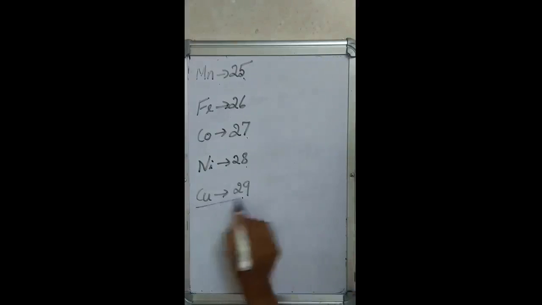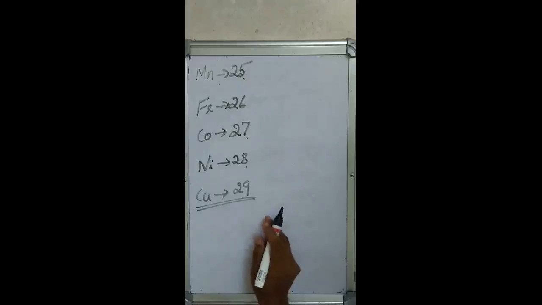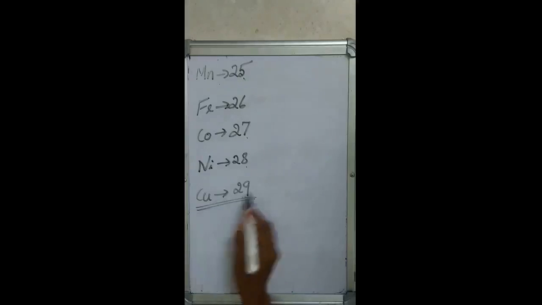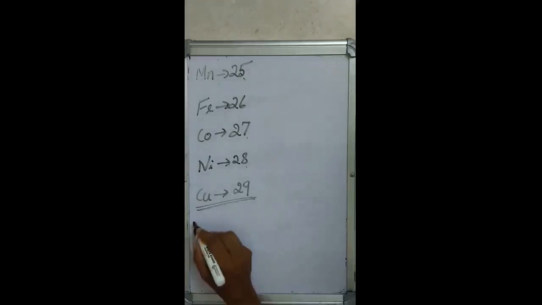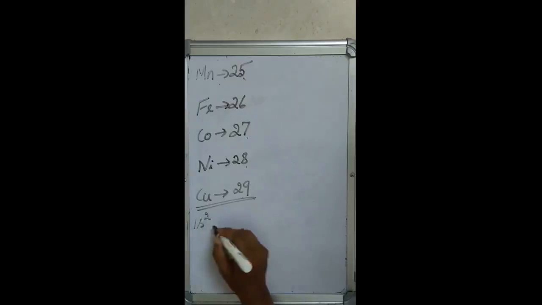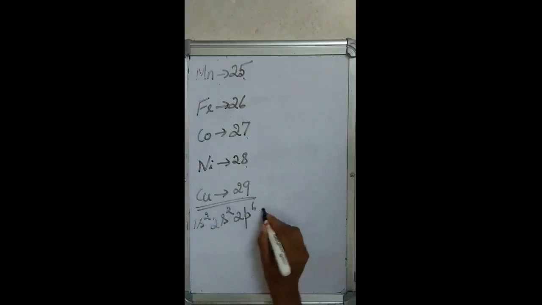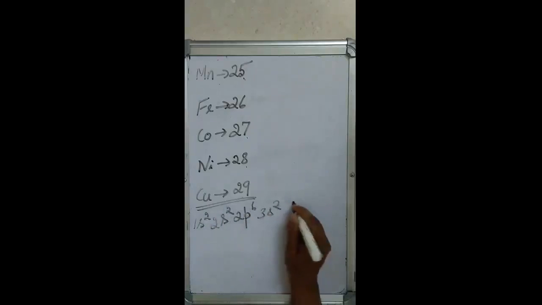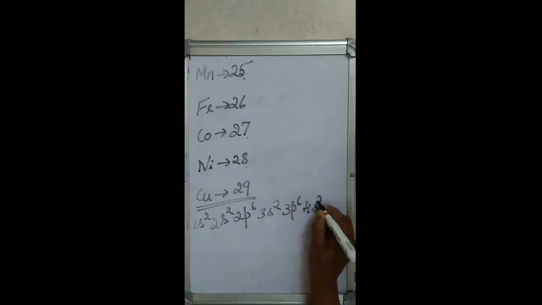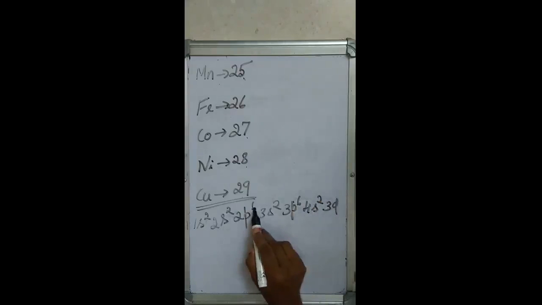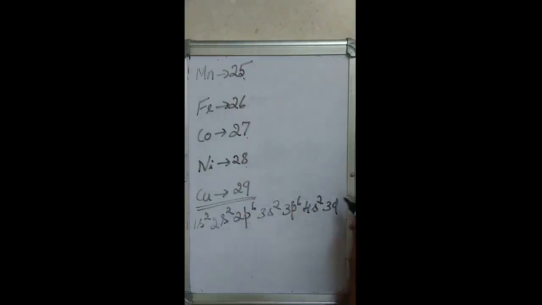Now this I will write. Again, this is exceptional. The electronic configuration of copper, atomic number 29. I am going to write now 1s2, 2s2, 2p6, 3s2, 3p6, 4s2, 3d9.